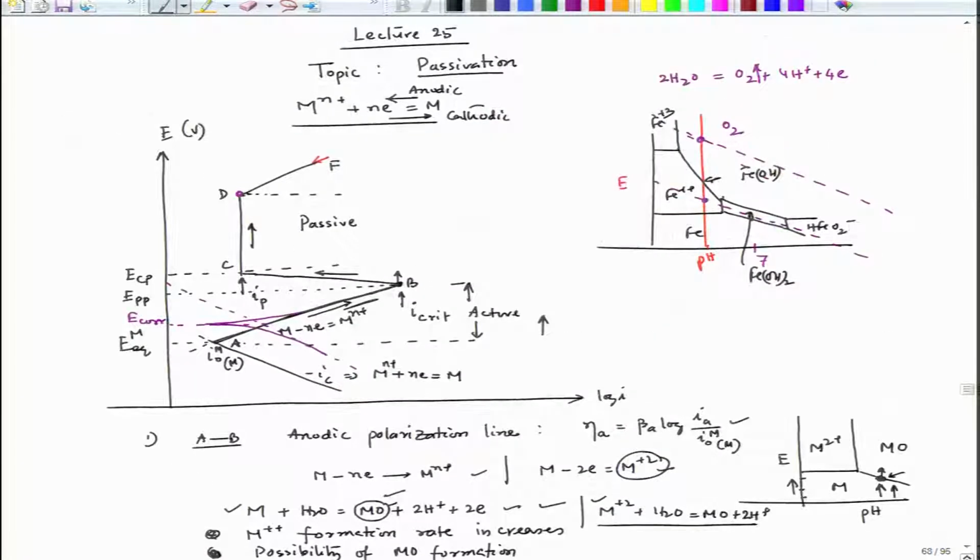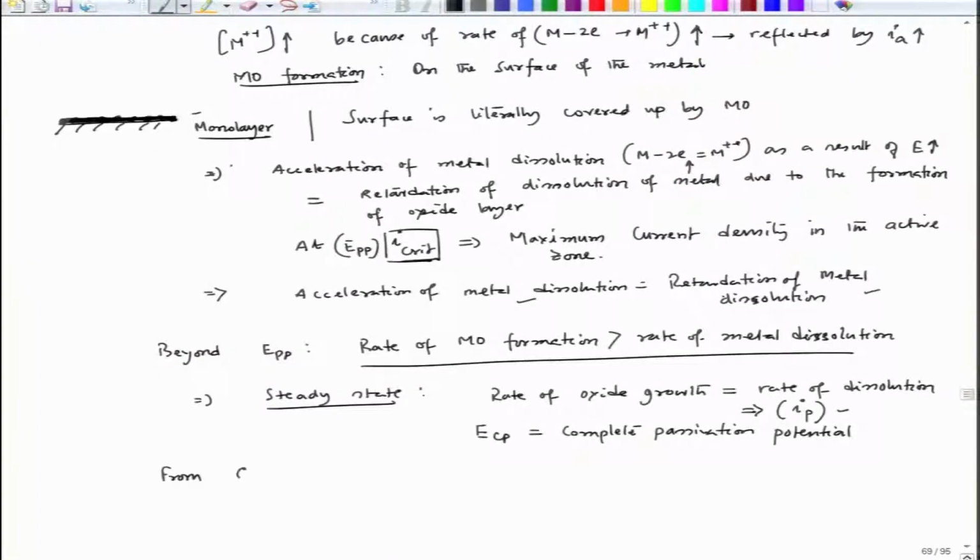If I try to indicate those points from C to D, it is called the passive range, and there the oxide thickness increases. Why does the oxide thickness increase?